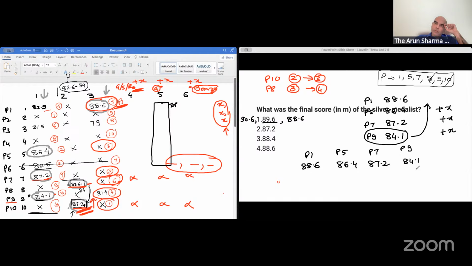So if I want to create this system, it means that this guy did not get any growth and he's the bronze medalist. This is a contradiction. This is a contradiction of this last clue that the bronze medalist improved his score in the sixth round. So that means he must have had a plus X.